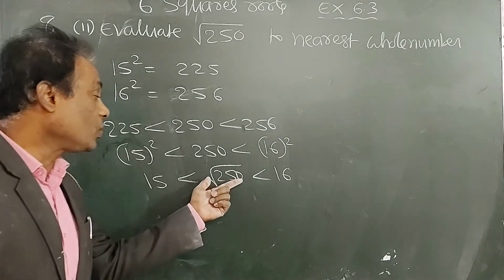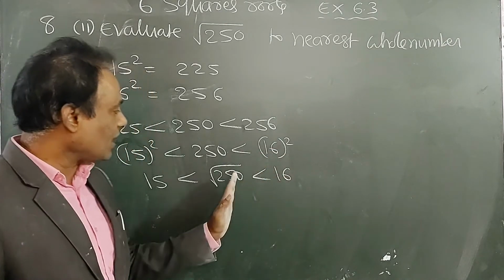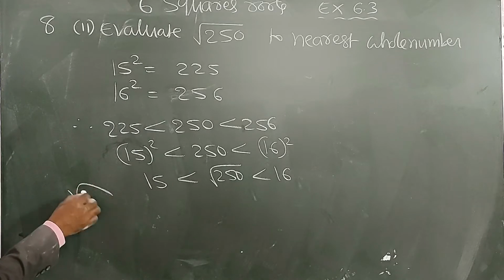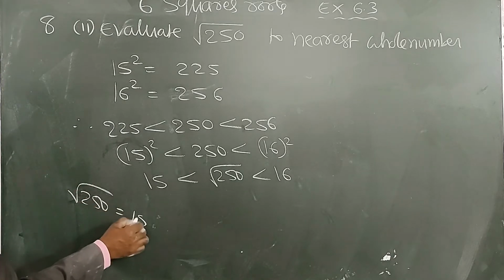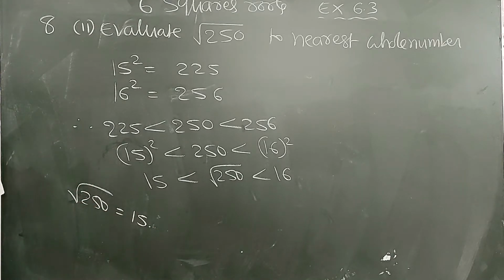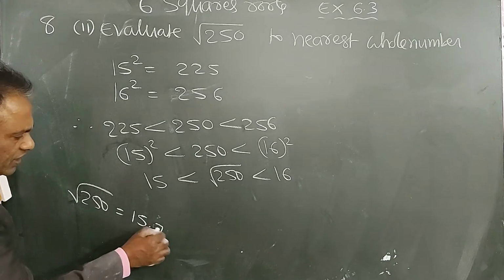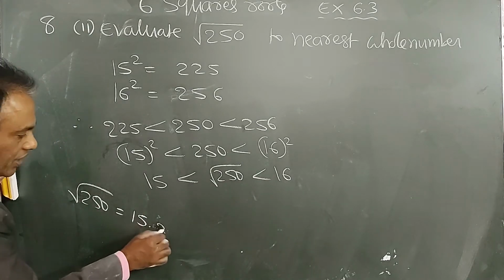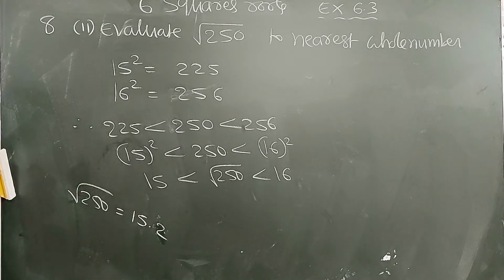Root 250 is near to 16 or near to 15, that we have to decide. Root 250 will be 15 point something, approximately. Suppose it is 15.7, it will be near to 16. Suppose it is 15.2, it is near to 15.